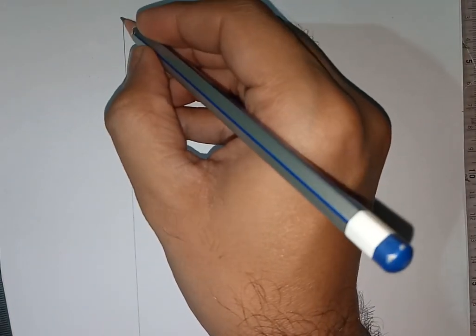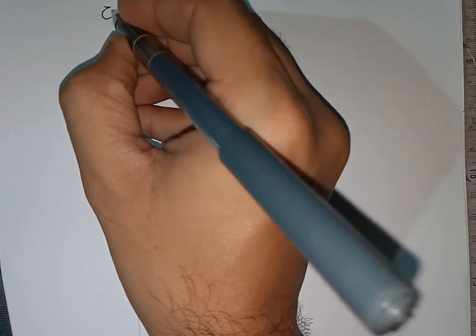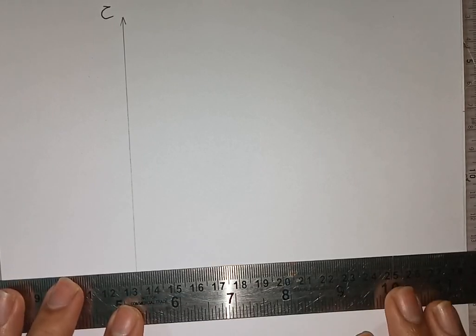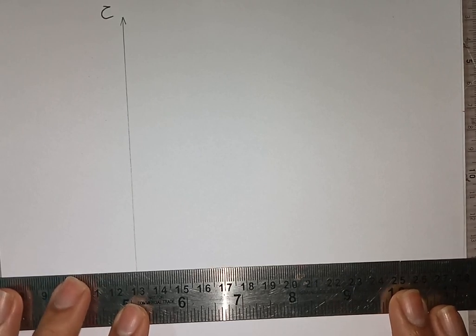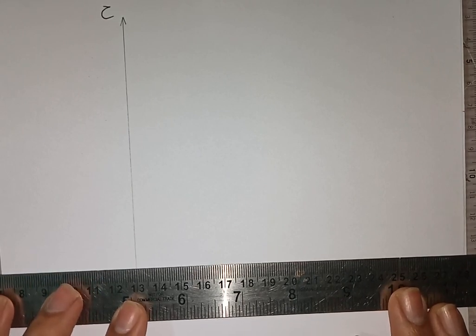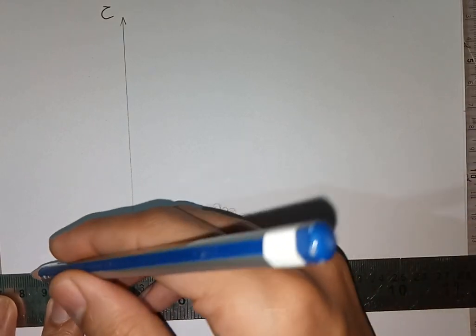Okay. So I have taken a line, and along this direction it is the tau axis. Then I also need to draw one axis along the horizontal. So I'll just draw it here along the horizontal.